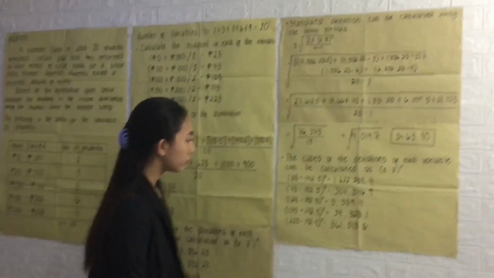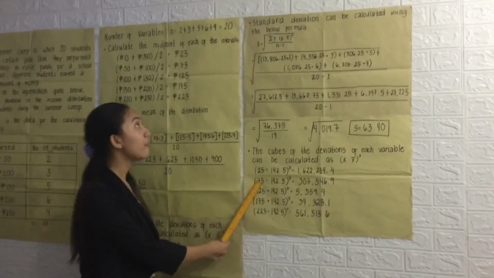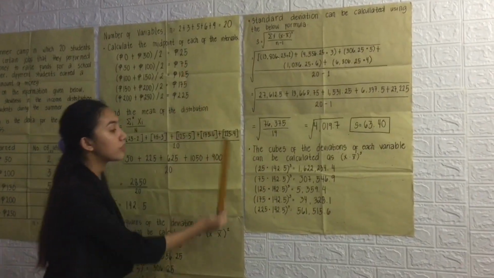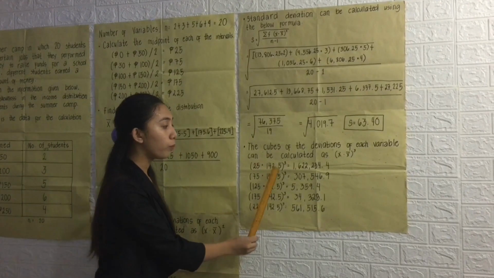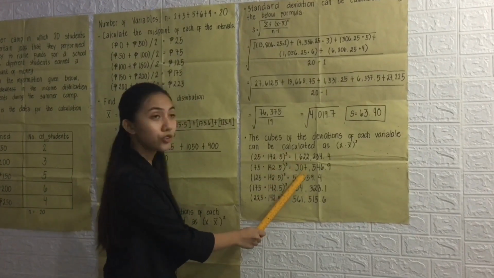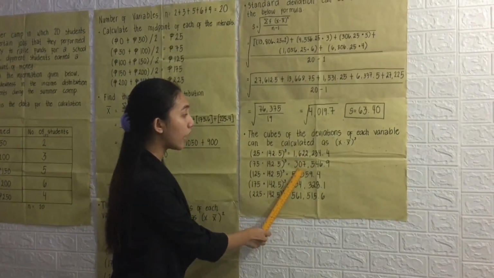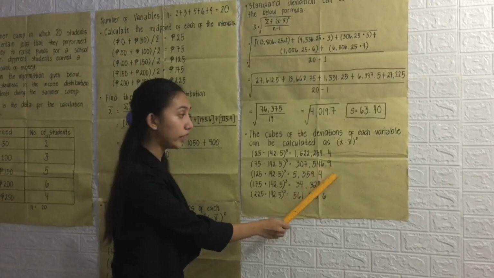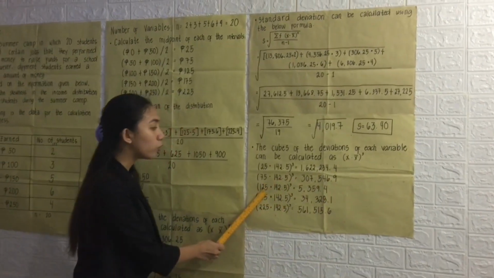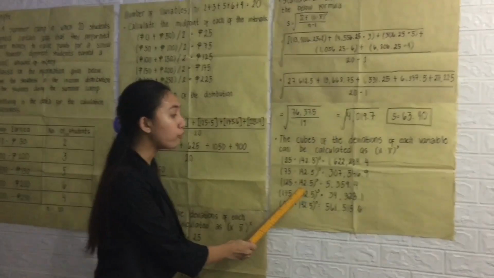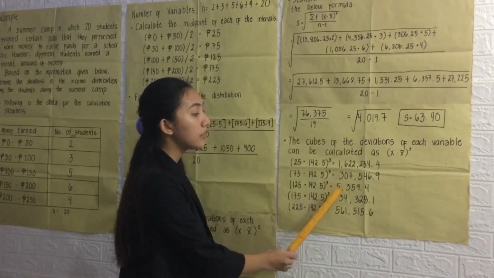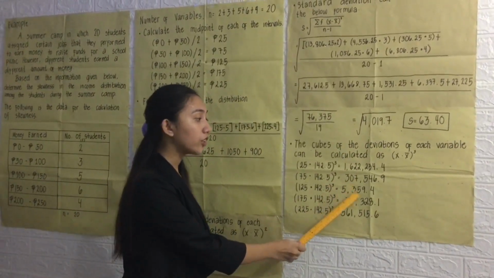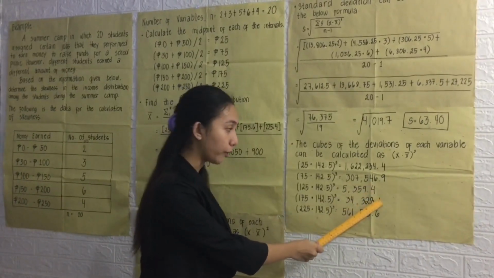And next we have 75. 75 minus 142.5 cubed is equal to 307,546.9. And 125 minus 142.5 cubed is equal to 5,359.4.